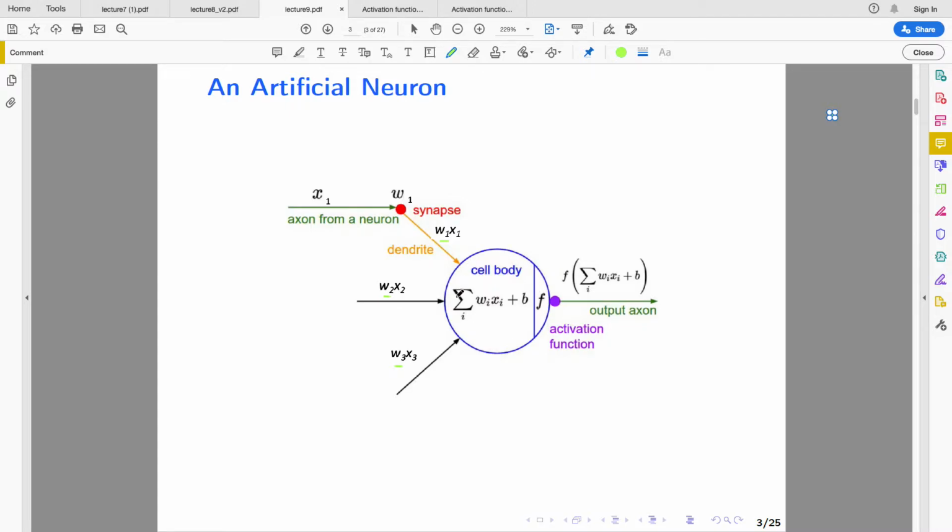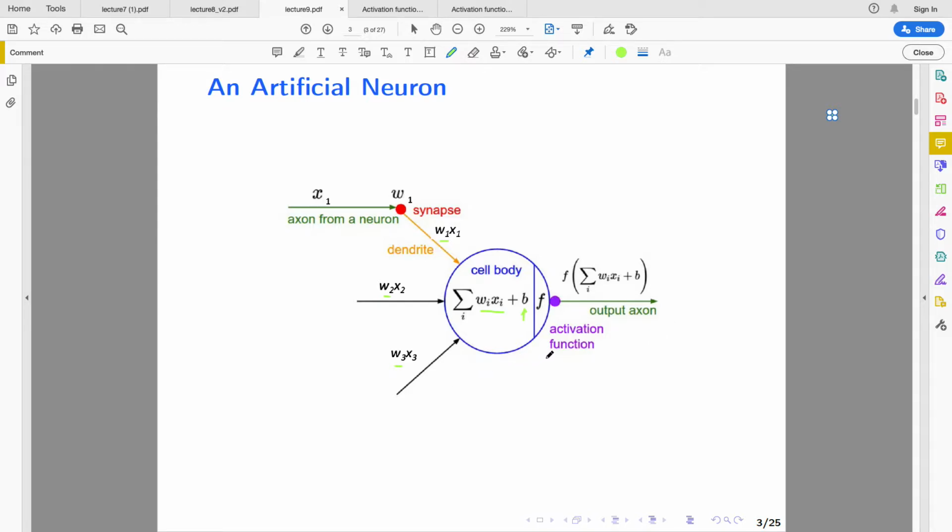What happens here is that we take each of the inputs, multiply by its corresponding weight, and we add a bias, which is B. Then for this particular neuron to fire, we need a function that will decide when it fires. So we pass the result of this computation through a function as shown here, and this will decide whether this neuron fires or not.